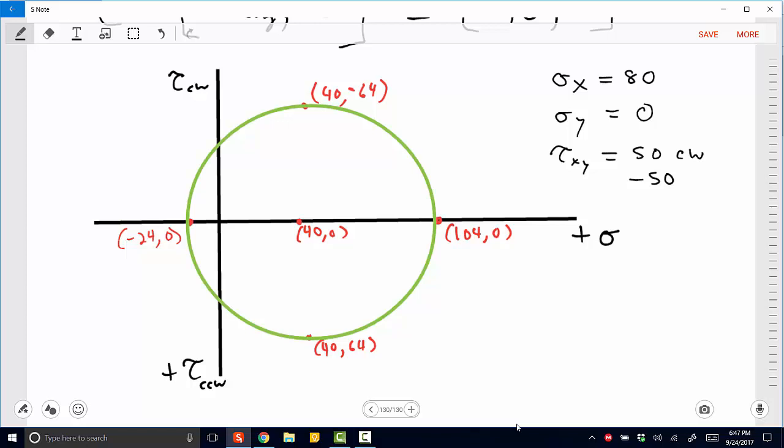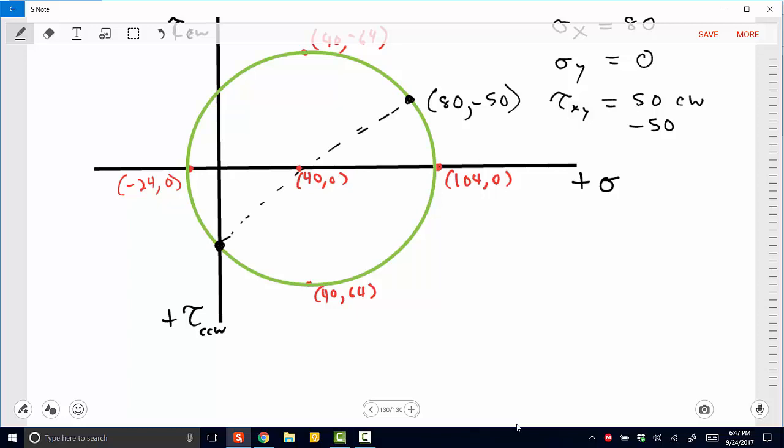And if tau xy is equal to negative 50 or 50 clockwise, we should be somewhere up here. So this point should be 80, representing the sigma x, and the negative 50, representing the tau xy. And on our opposite end, if we were to trace this line through our center, we're going to find our other point of interest, where sigma y happens.